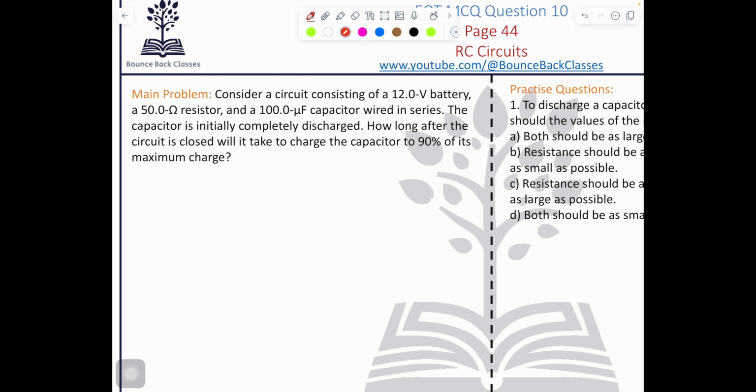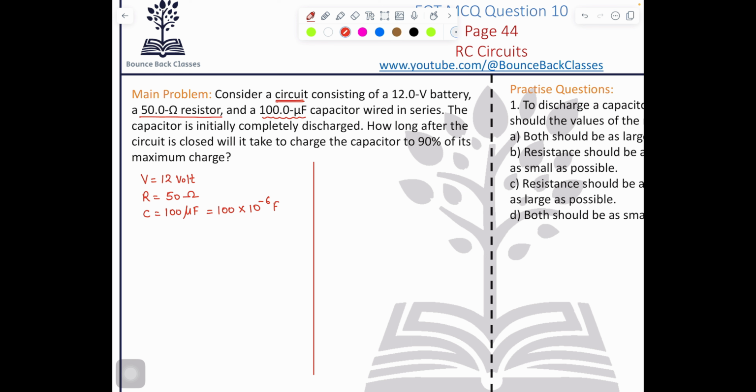What is the question we have? First question: consider a circuit consisting of a 12 volt battery, so V is equal to 12 volt, a 50 ohm resistor, R is equal to 50 ohm, and a 100 microfarad capacitor, which is equal to 100 multiplied by 10 raised to power negative 6 farad, wired in series.